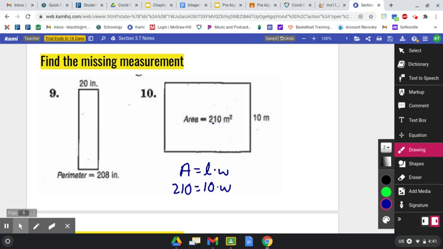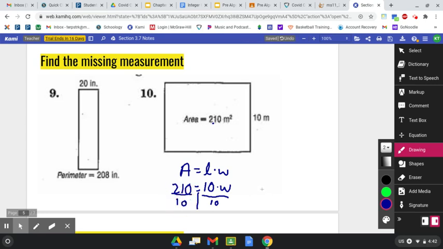So this goes back to our section on solving single step equations, right? It's 10 times W. 10 times something equals 210. So my step to solve, my inverse to get W by itself, would be divide both sides by 10.